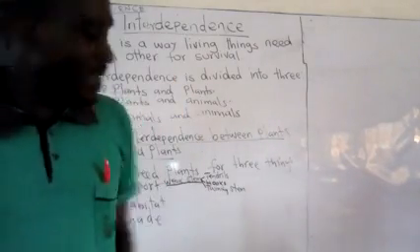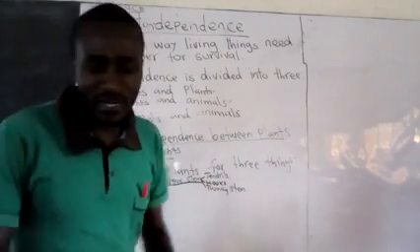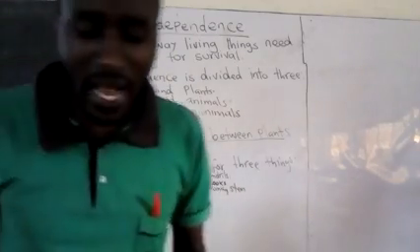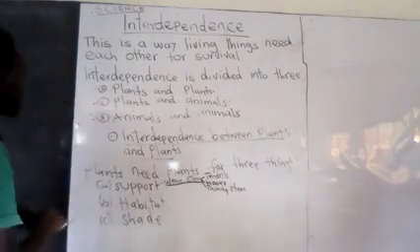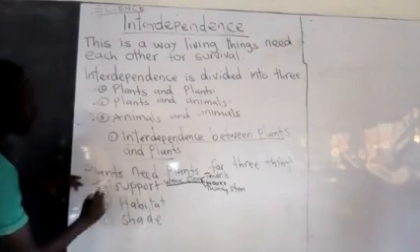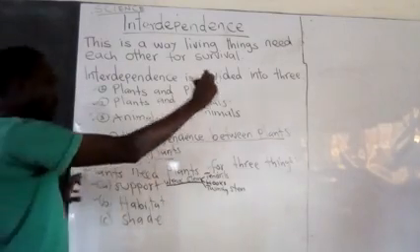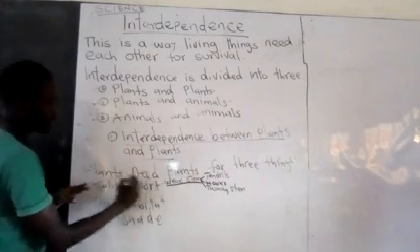We have climbers, just those ones which have twining stem. We have climbers like passion plant, garden pea, money plant. Then let's go to the second step, how plants depend on plants. We have said plants depend on plants for support.